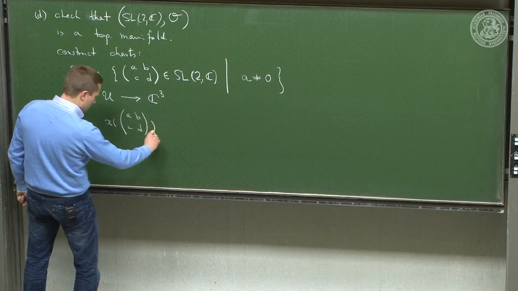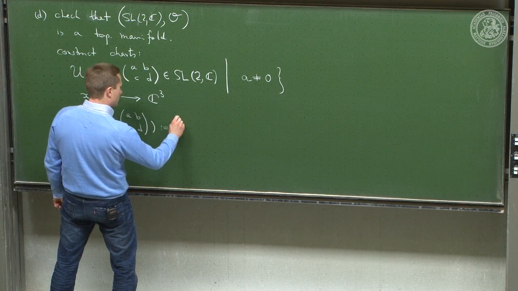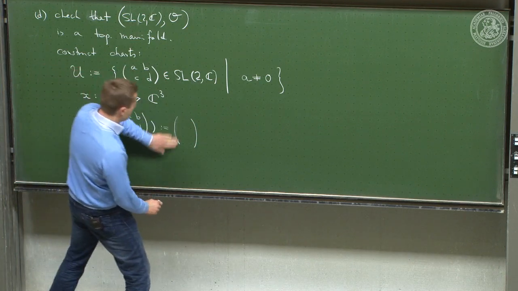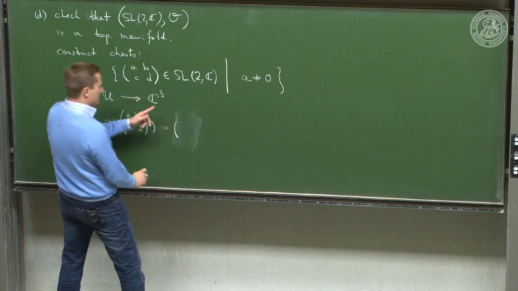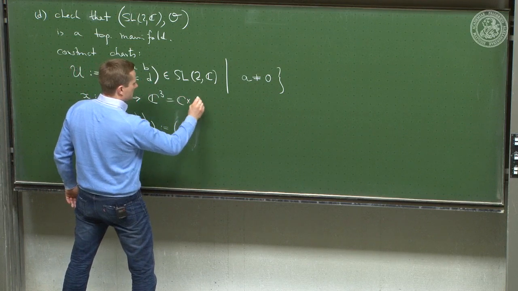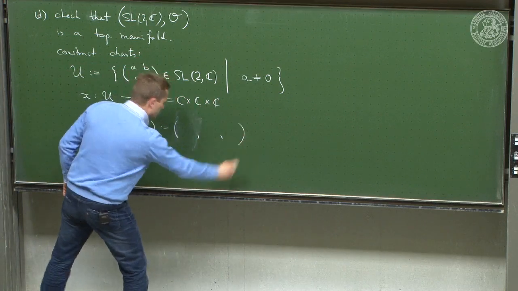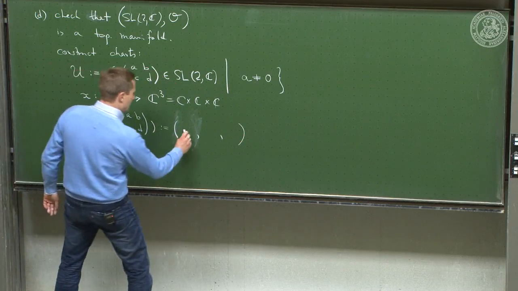X eats such a guy, and I write it as a 3-tuple in C times C times C, and I choose (A, B, C).